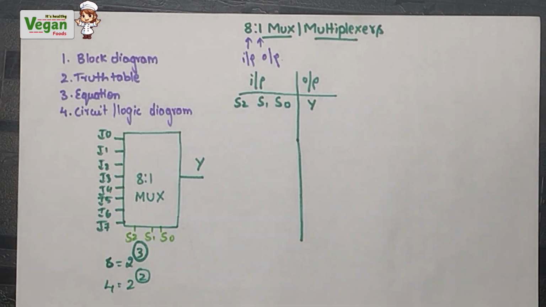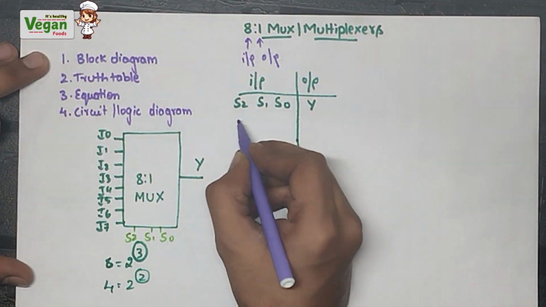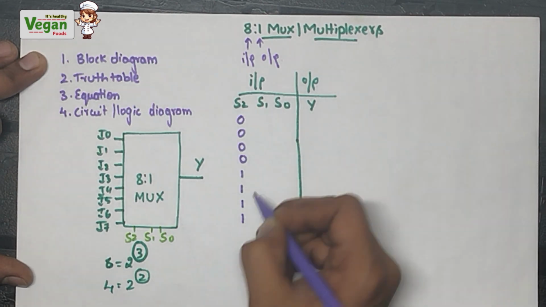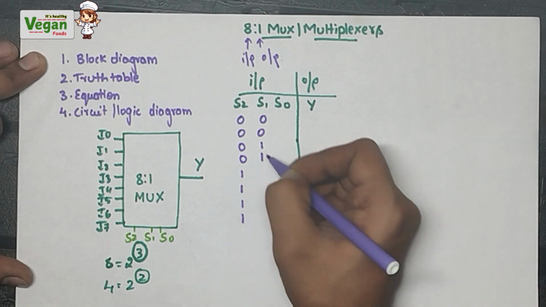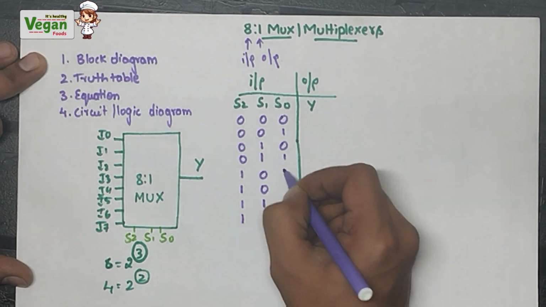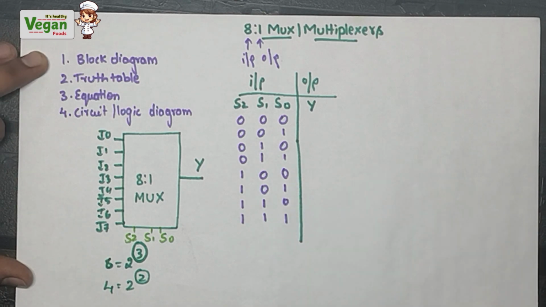Since we have 3 inputs, what are all their combinations? The combinations will be 4 0s, 4 1s, 2 0s 2 1s, 2 0s 2 1s, 0 1 0 1 0 1 0 1.